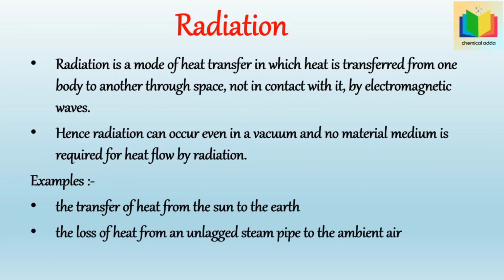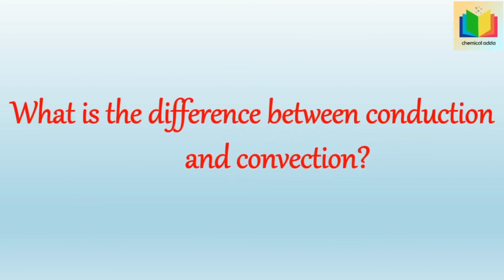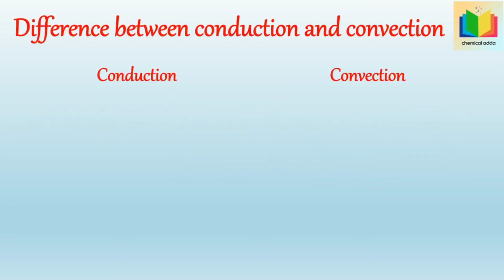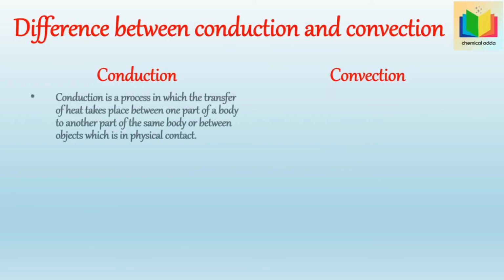Now, next question. What is the difference between conduction and convection? The difference between conduction and convection is: conduction is a process in which the transfer of heat takes place between one part of a body to another part of the same body, or between objects which are in physical contact.